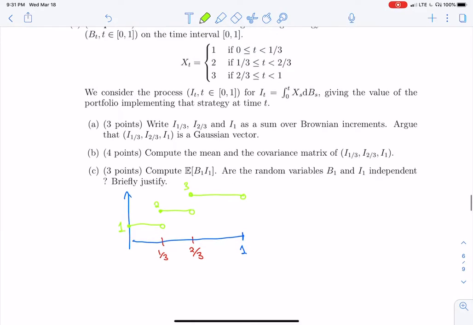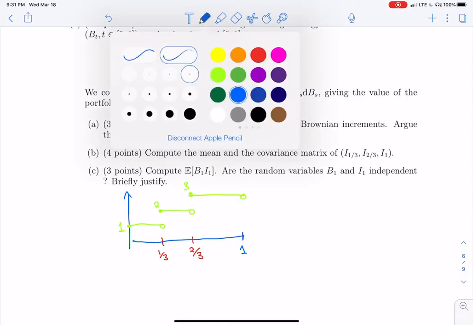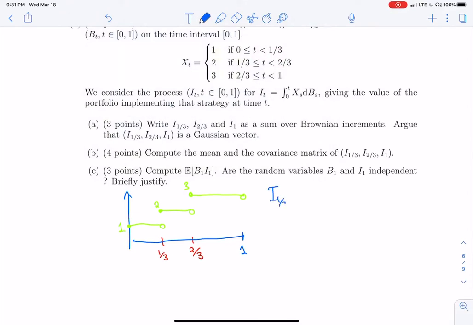Now, what's the integral? So first question, what's the integral I 1/3, I 2/3, and I 1? So again, the integral is just multiplying the strategy by the Brownian increment and summing them up. I 1/3 is the Brownian increment on the interval, so B 1/3 minus B 0 times 1, the value of the strategy on the interval.